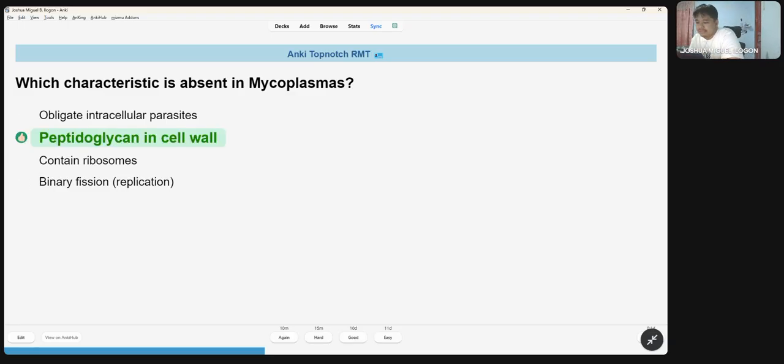Ribosomes? What? Ribosomes. What? Peptidoglycan. Oh, okay. Copy that. Okay.